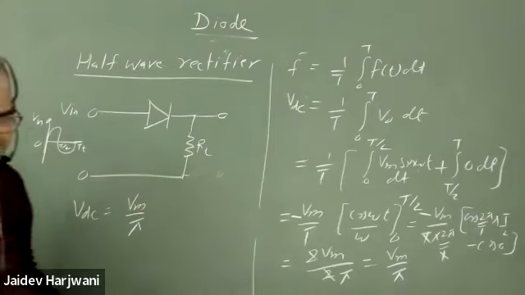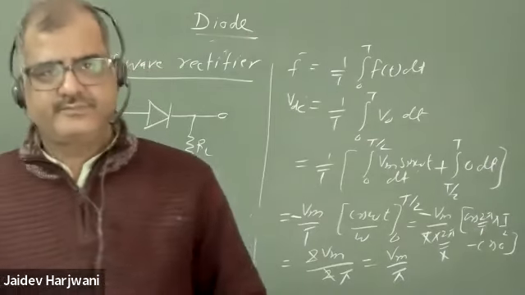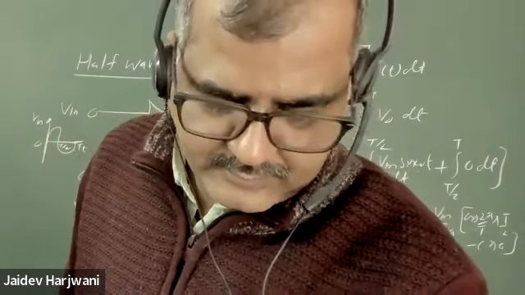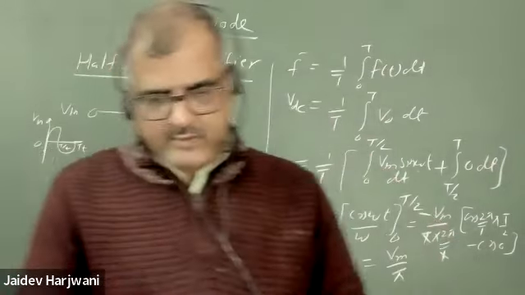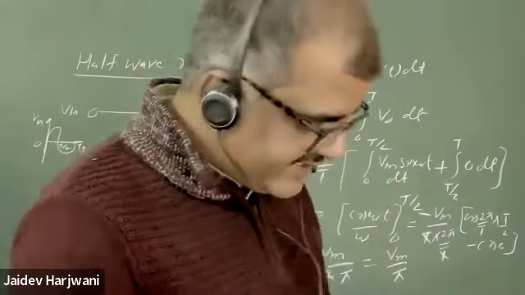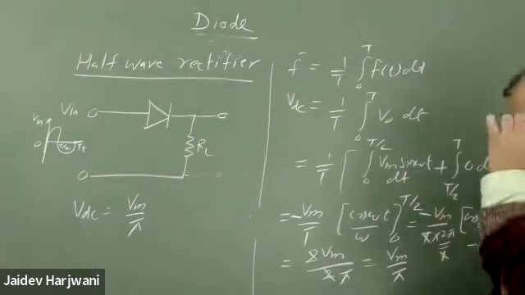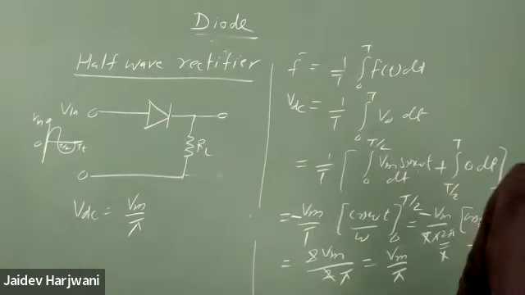Any issue with this one? So now you know how to calculate VDC. I have done this for the half wave rectifier. Now we'll do the same thing for the full wave rectifier.